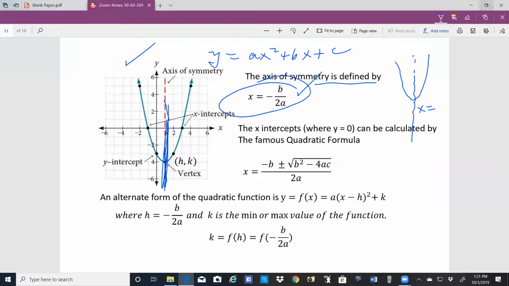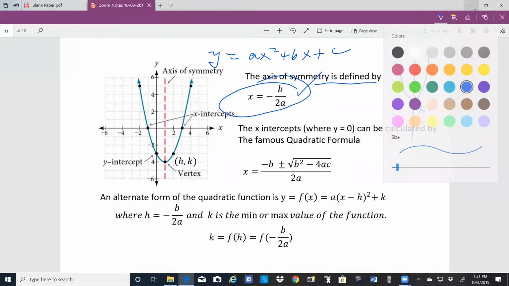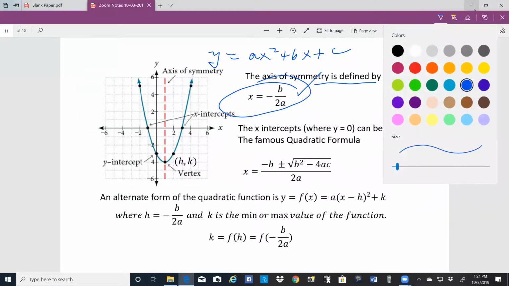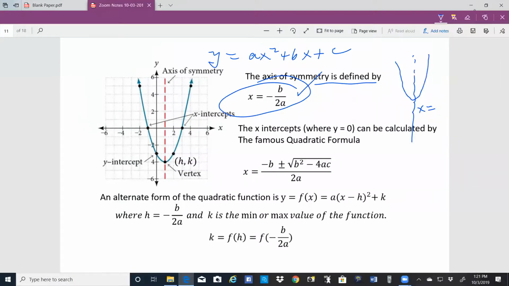And then every quadratic has what we call a vertex. And that really is the point where it either has a minimum value or a maximum value.